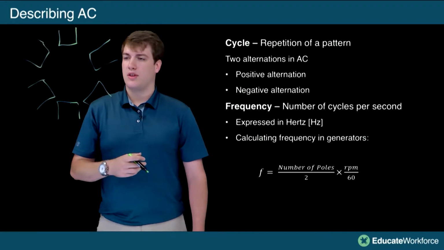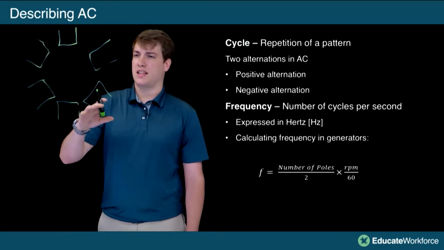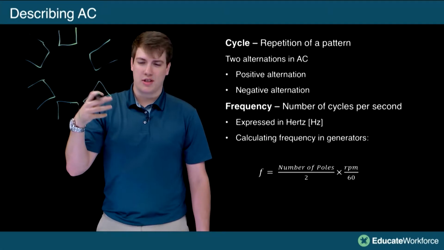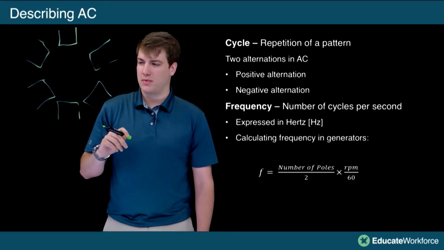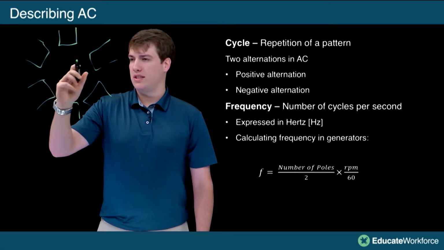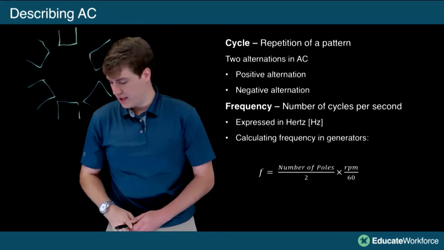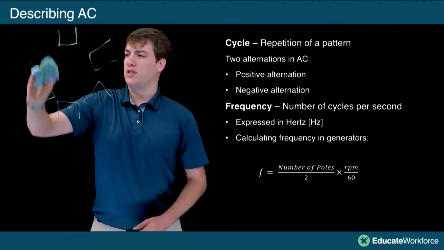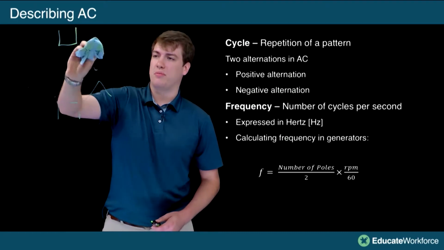Inside this, there are 2 ways to make a generator. We'll talk about that in a later module. But in this case, we'll have coils on the outside, and then we'll rotate our magnets.